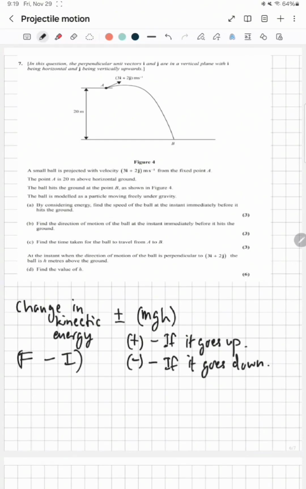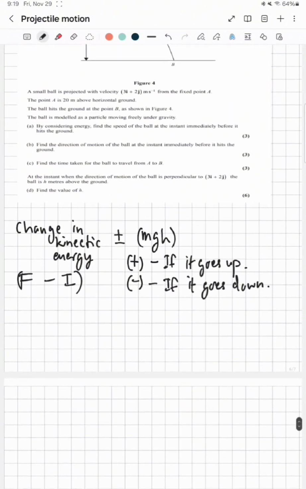So these are the only two energies we have to consider in this question because they haven't given resistance. There's nothing else acting on it, right? If they say there's a resistance, let's say this ball has a forward force acting on it.